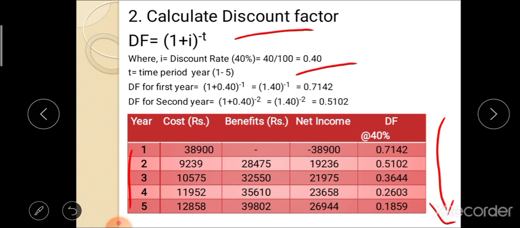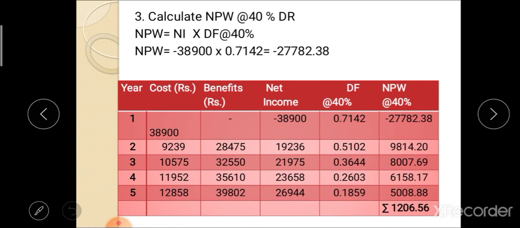After calculation of the discount factor, the next step is to calculate NPW at the 40% discount rate. NPW is net income into discount factor at the rate of 40%.